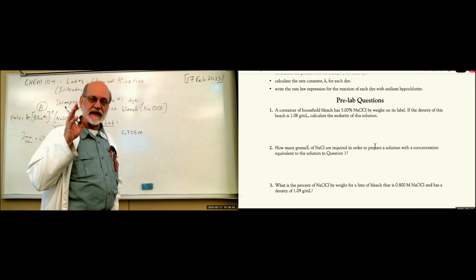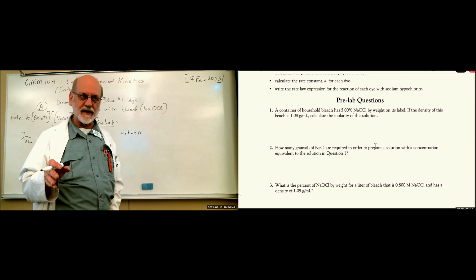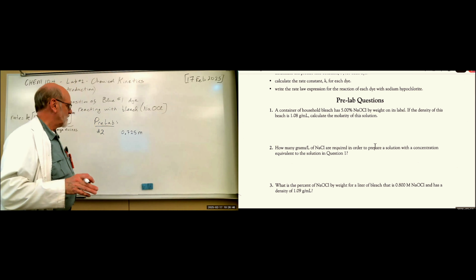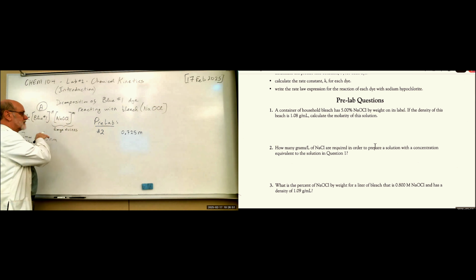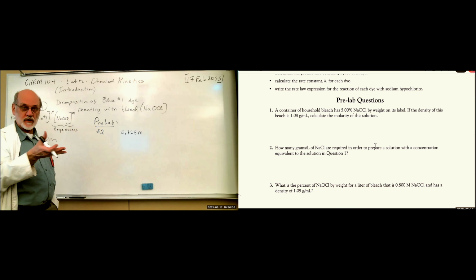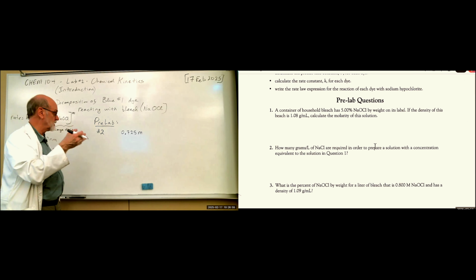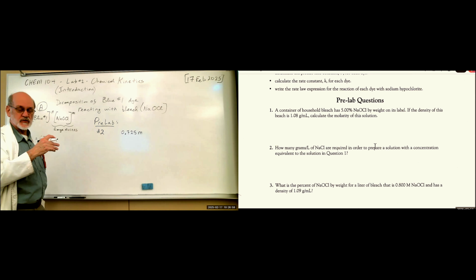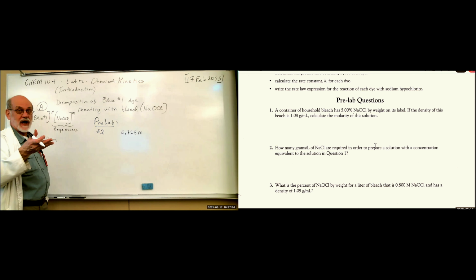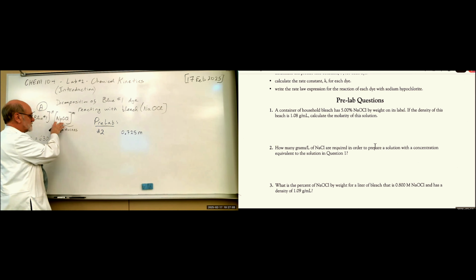Now, why do we need a solution of sodium chloride? Because one experiment is going to be with a certain amount of sodium hypochlorite in solution to decolor the blue. But we need another concentration that's less. We're going to go half that concentration.